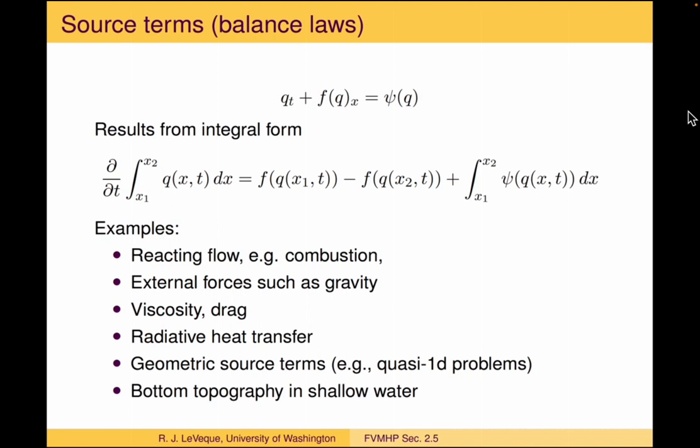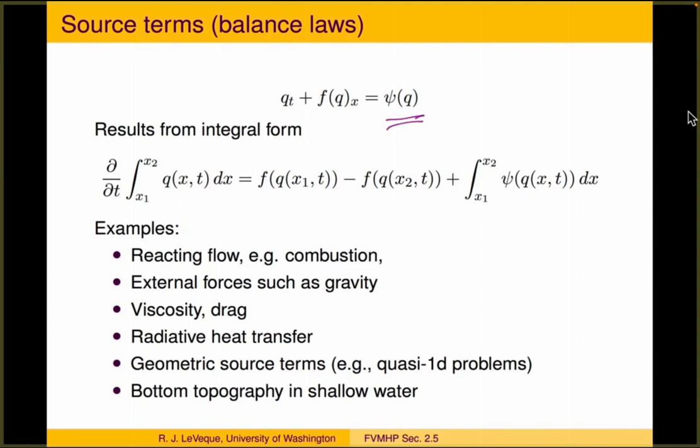But now if we look at what's called a source term, psi of q, there are situations where the time derivative of the total mass of something in an interval is not only changing due to the difference in fluxes at the two ends, but also due to some process that's happening over the entire length of the interval.